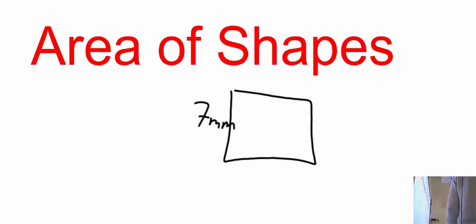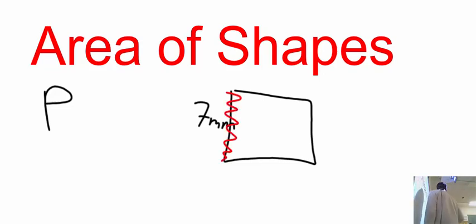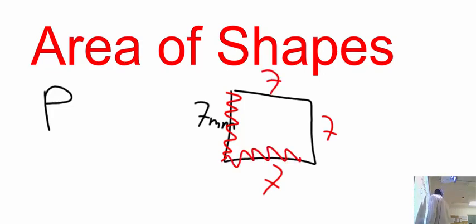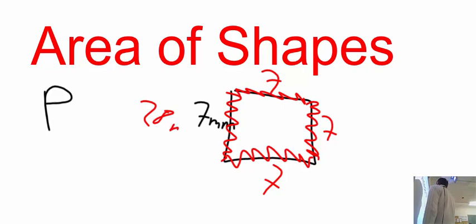If I ask you to calculate the perimeter, what you do is add this, everything is 7 here, this is a square, plus that 14, plus that 21, plus that 28 millimeters.